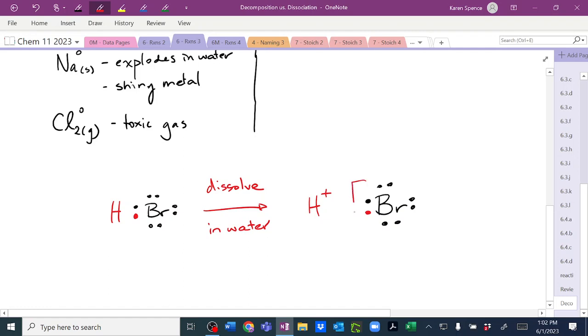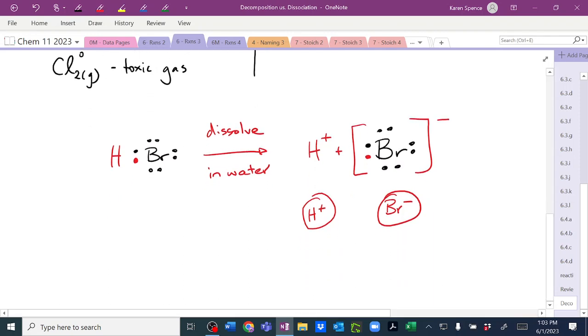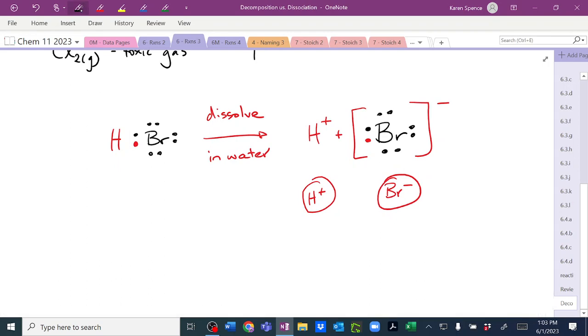And so the bromine is negative. So those will now be separate from one another. This would be an H+, this would be a Br-, and they would float around separately in water. And do you see how both of their shells are filled and stable? Okay.